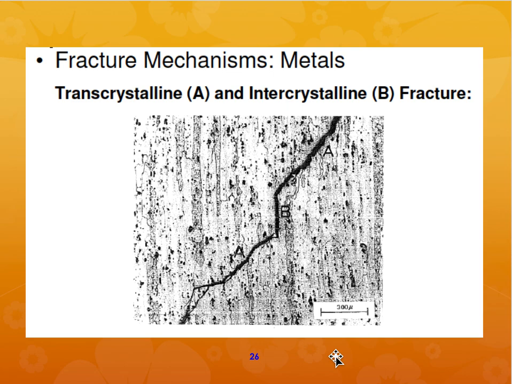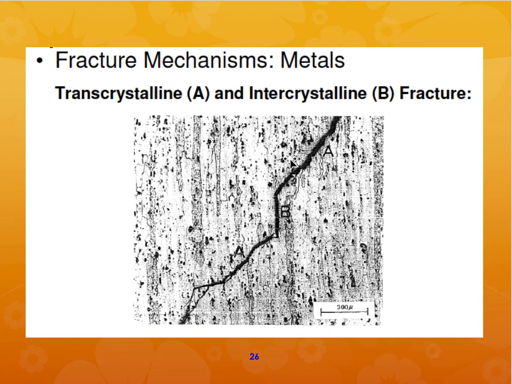So the other nomenclature that I want you to understand is that metals could fail in a transcrystalline or intercrystalline fracture. What is transcrystalline? Transcrystalline means it goes through the grains, and intercrystalline means it is going between the grain boundaries.